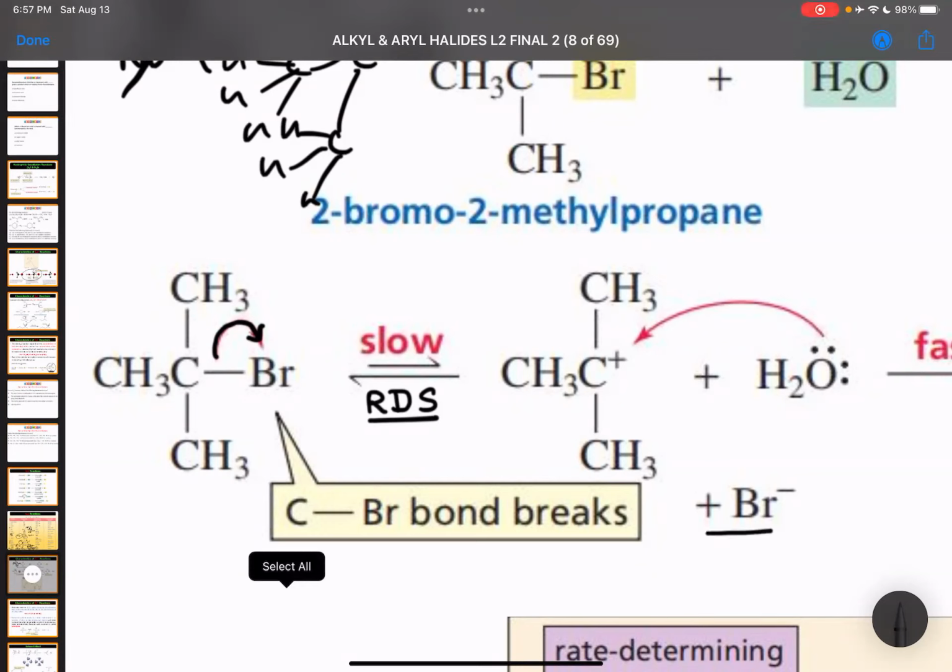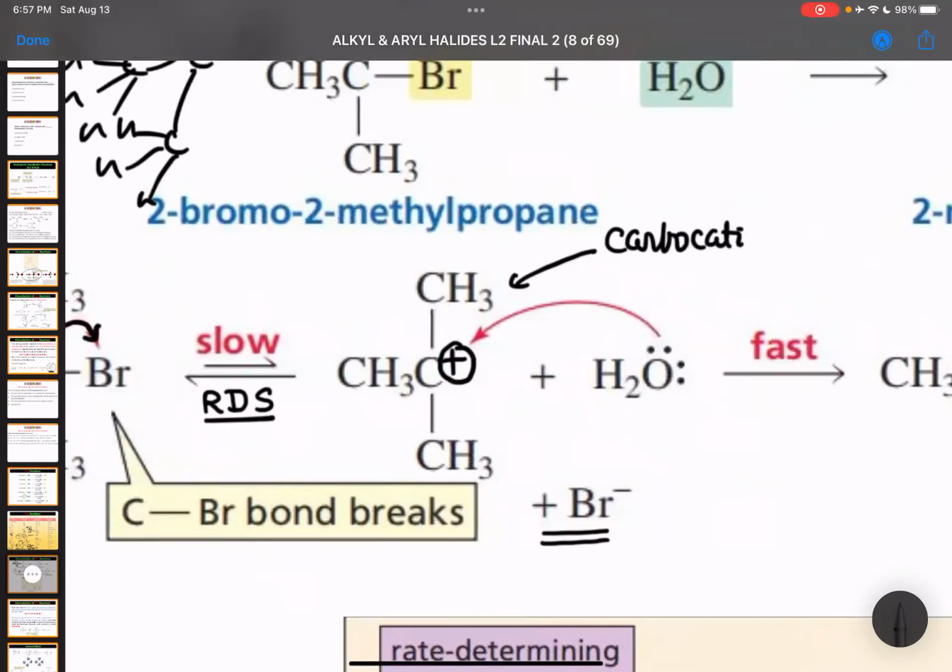The leaving group comes out as Br minus, and there is a carbocation intermediate formed during the reaction, right?